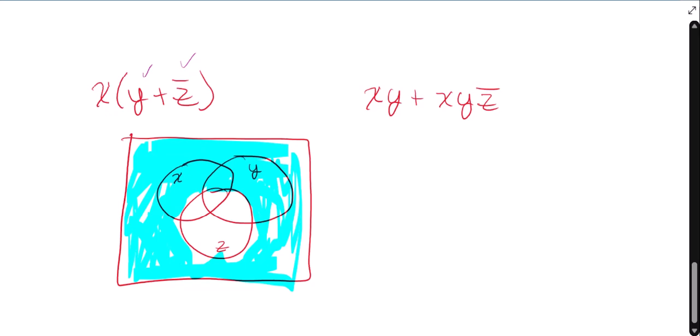So that I did not Z. And then I can also include this because that's in Y. So what I have just drawn there, that is Y or not Z.